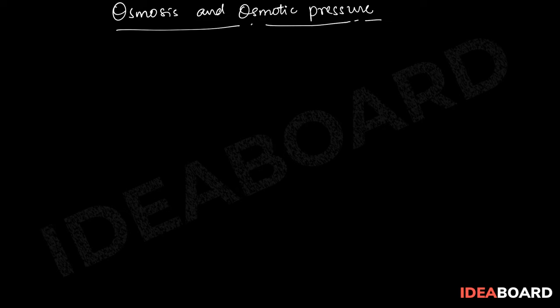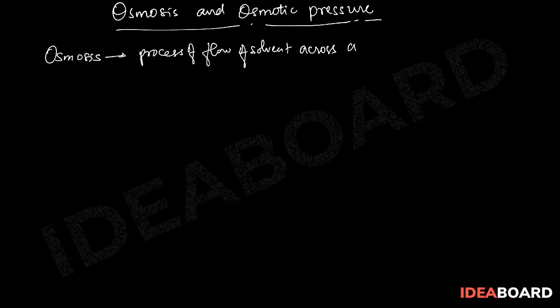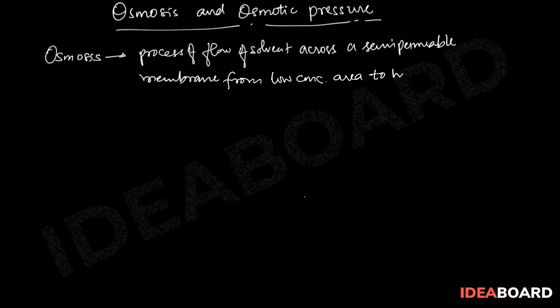So in this video we are going to discuss osmosis and osmotic pressure. When it comes to osmosis, we define osmosis as the process of flow of solvent across a semi-permeable membrane from low concentration area to high concentration area.